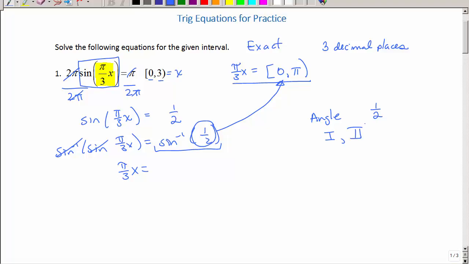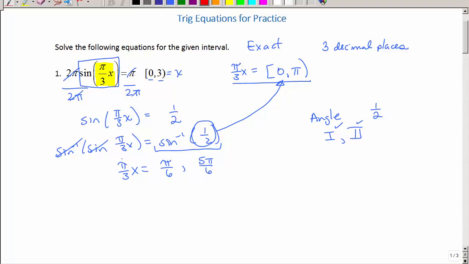Since the sign is positive in both of those quadrants, I should know both of those answers. So for the sine is 1/2, you should just know it's pi over 6 in the first quadrant and 5 pi over 6 in the second quadrant. You need to have those memorized.